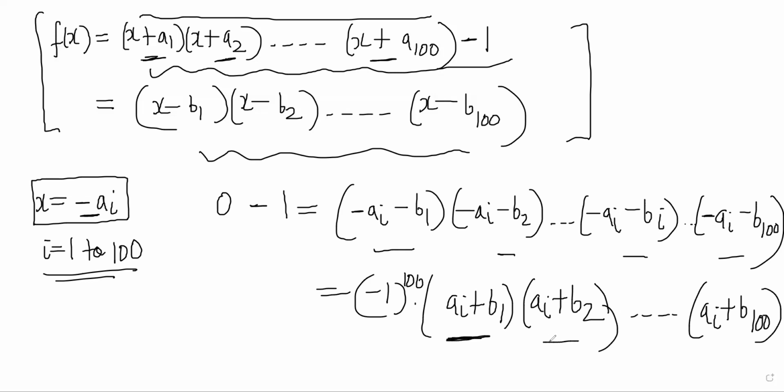This is the product of all the terms ai plus b1, ai plus b2, ai plus b100. This is the product of the terms in the row ai, right? In the ith row, if you take the first column, the term was this. Second column term was ai plus b2.